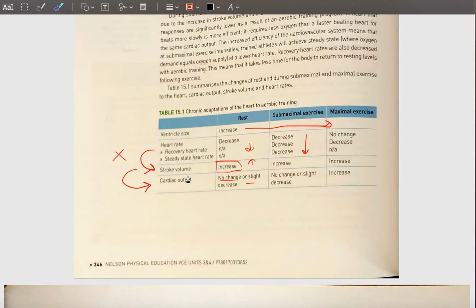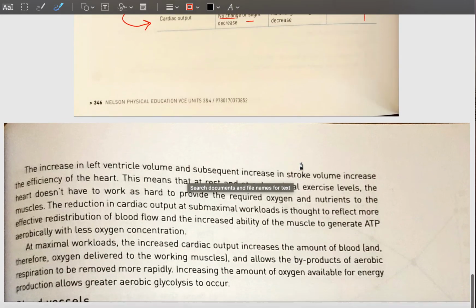And so if we look at that, with now an increase in stroke volume, when we're at our maximum, because we still have an increase in the amount that's coming out per minute, there is no change in what my maximum heart rate can get to. This staying the same and this increasing will still lead to a higher cardiac output at the end of the day. So the heart is much more efficient even when we get to that maximal exercise intensity.